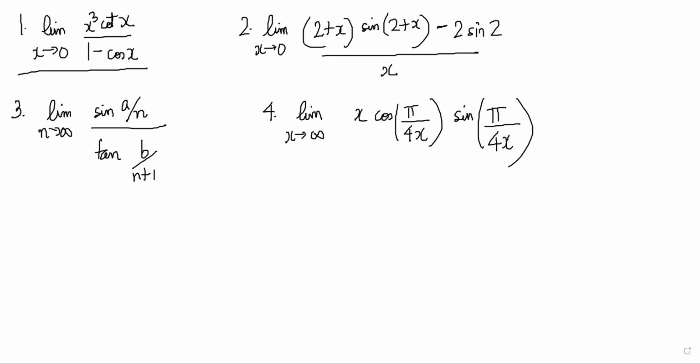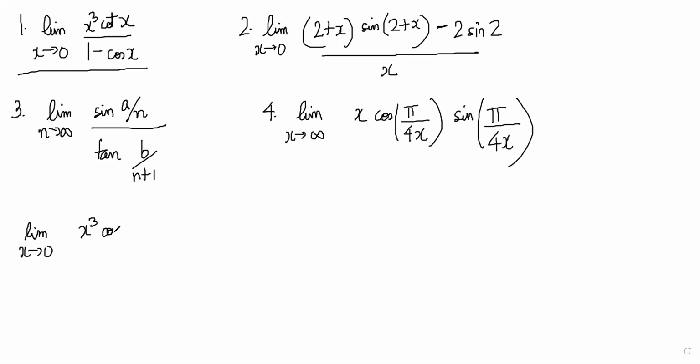The first one: x cubed cot x by 1 minus cos x. Because cot is annoying, I can convert it to cos by sine, right?